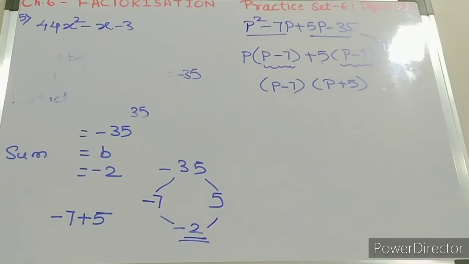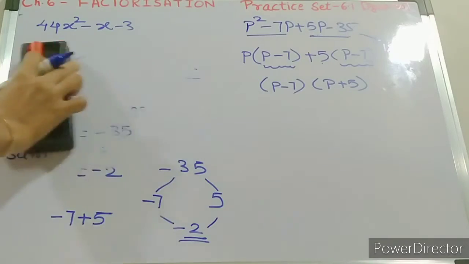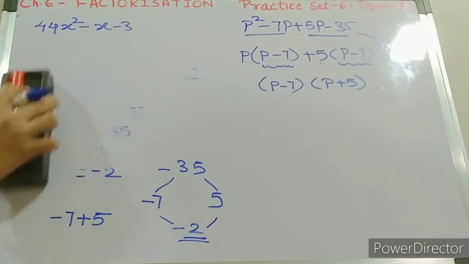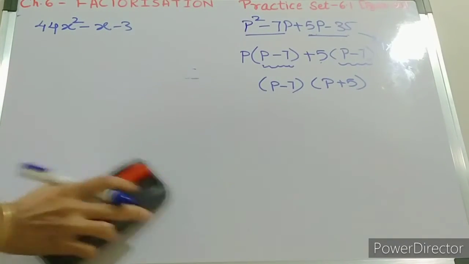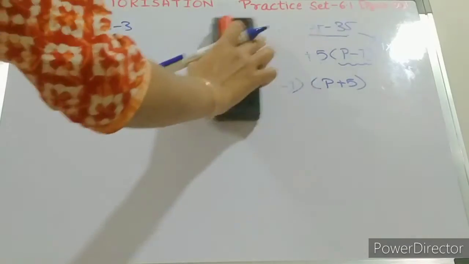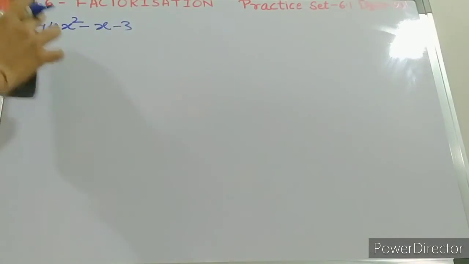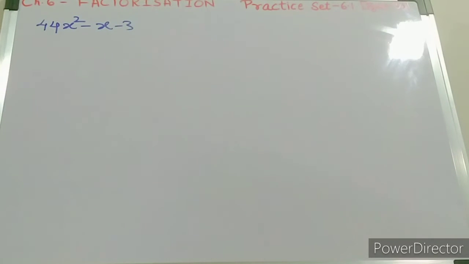I took such types of problems because in each problem we have different signs of product and sum. In the first problem we had everything as positive values. In the next one, one term is negative. Now here both the terms will be negative.